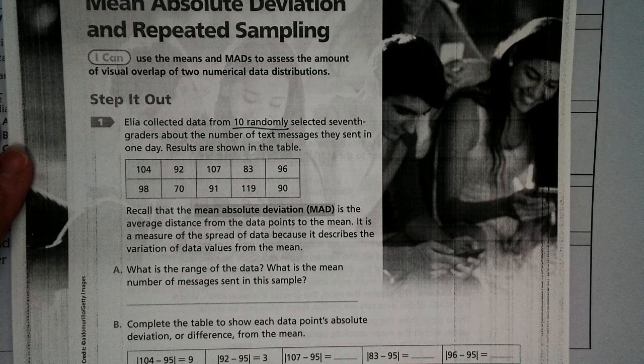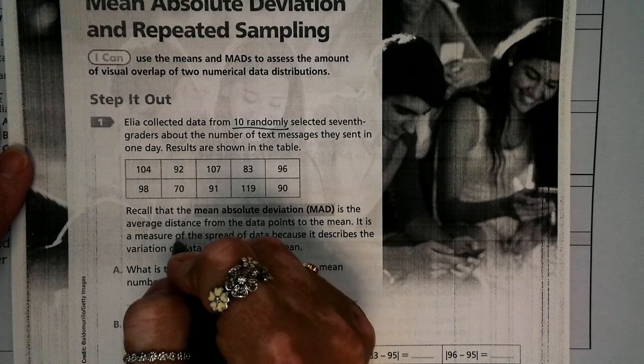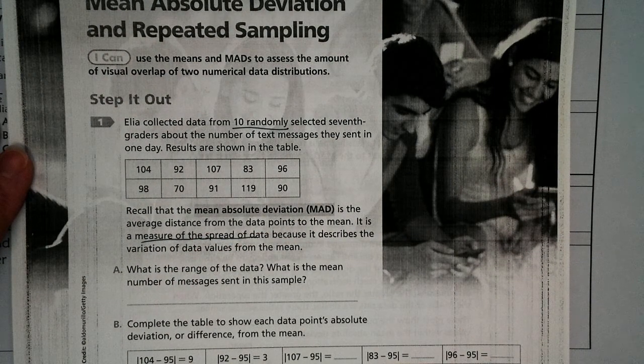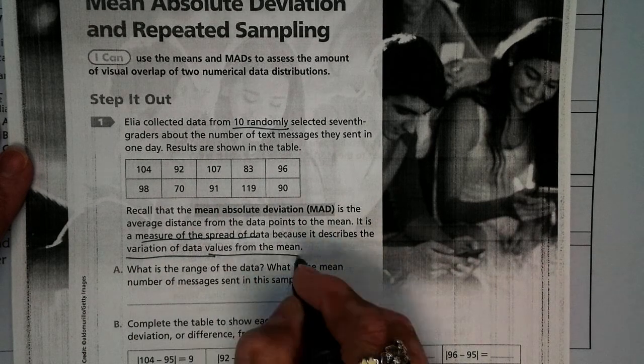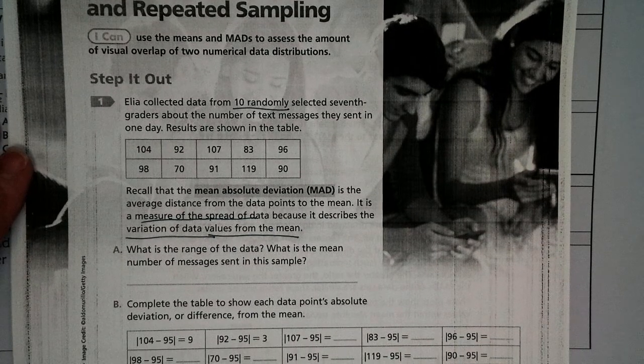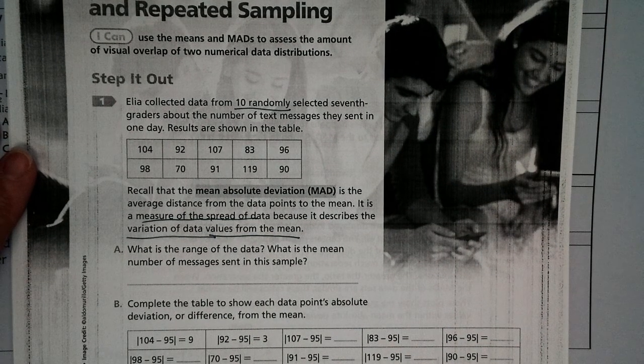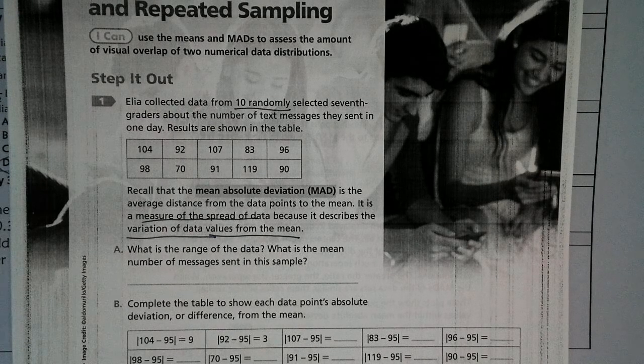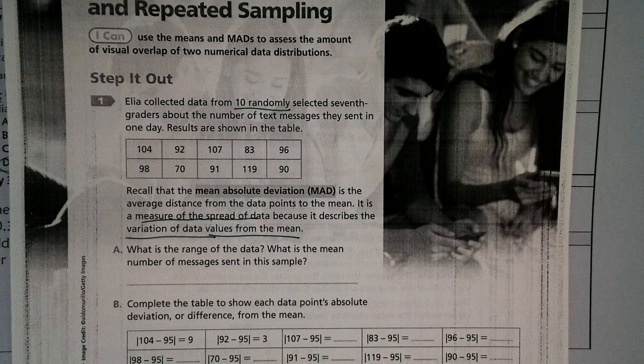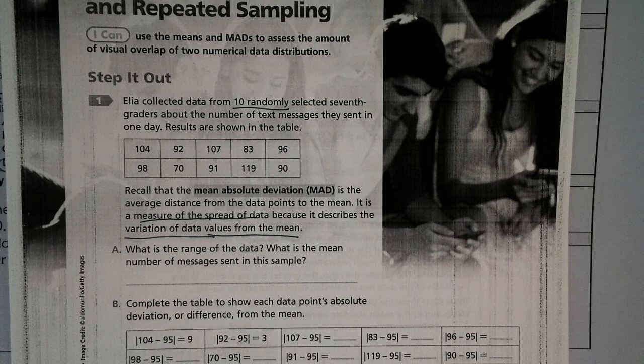It is a measure of spread of the data because it describes the variation of the data values from the mean. So what is the range of the data? What is the mean number of messages sent in this sample? So it's two questions here. What is the range?